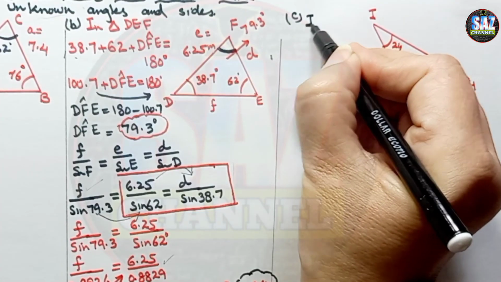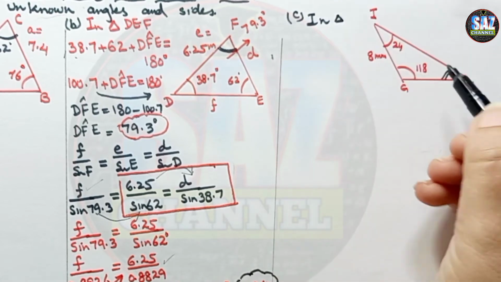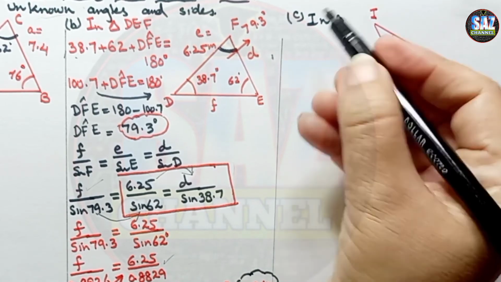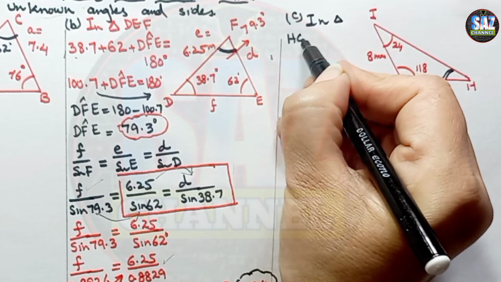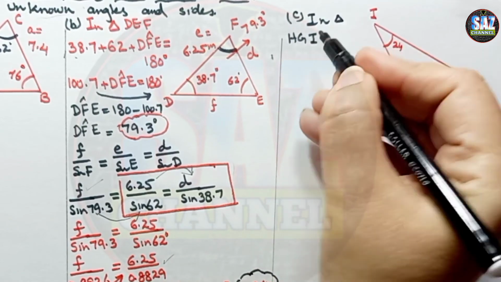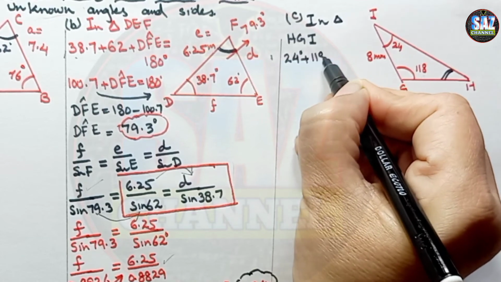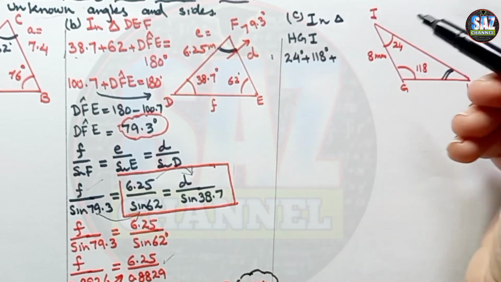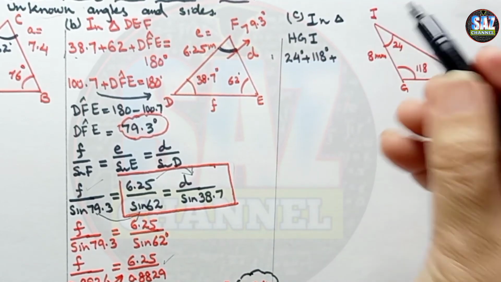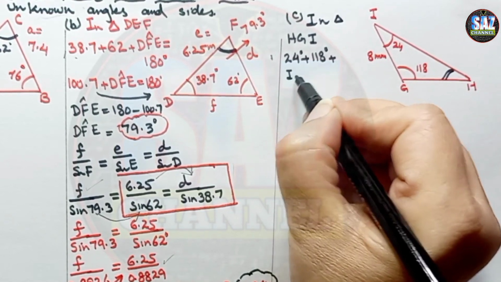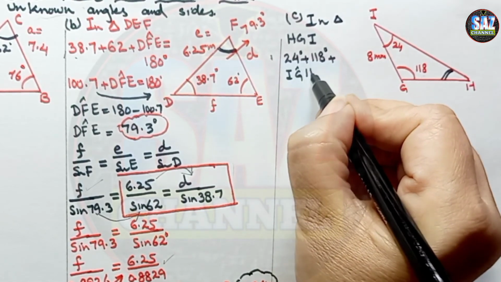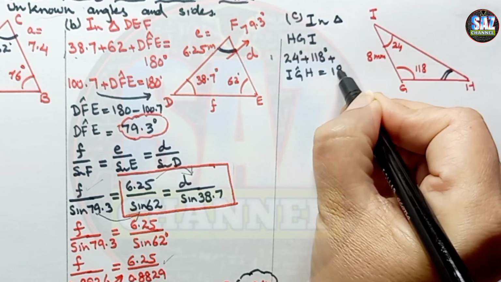In triangle IGH, 24 degrees plus 118 degrees plus angle H equals 180 degrees.